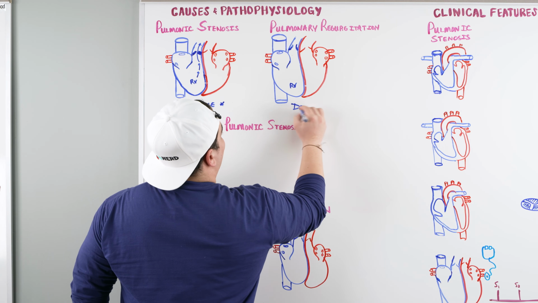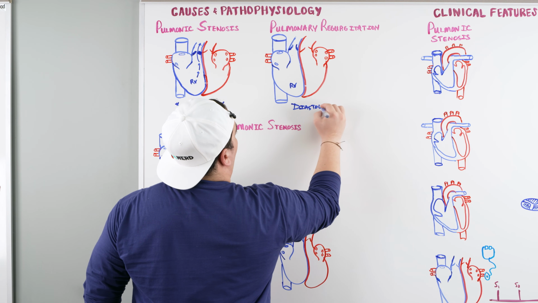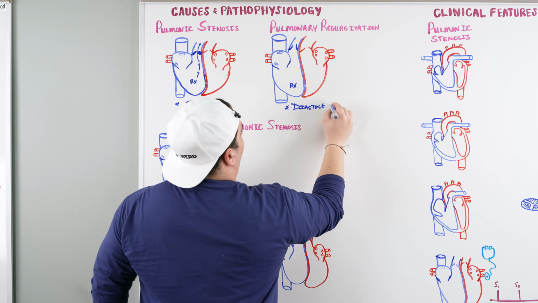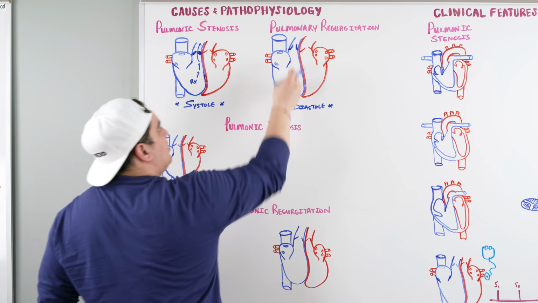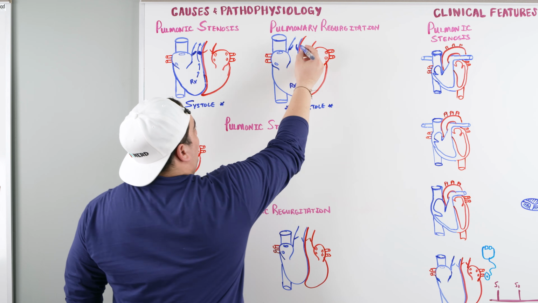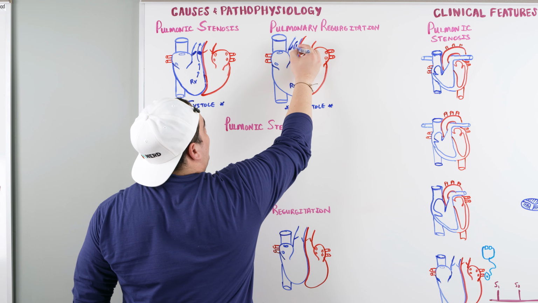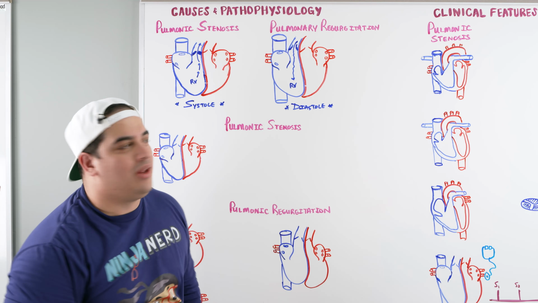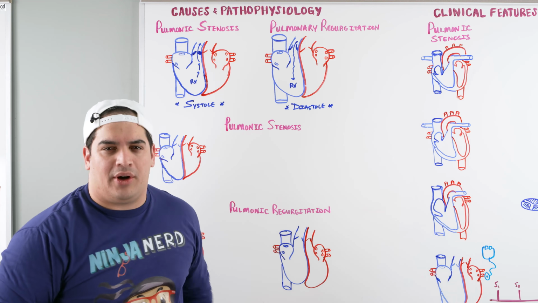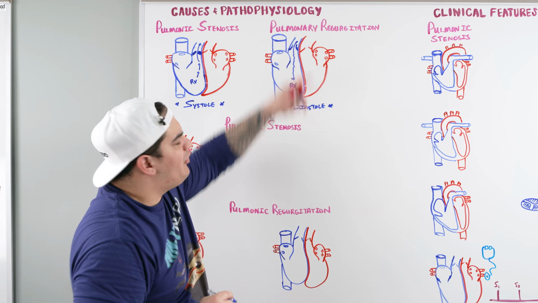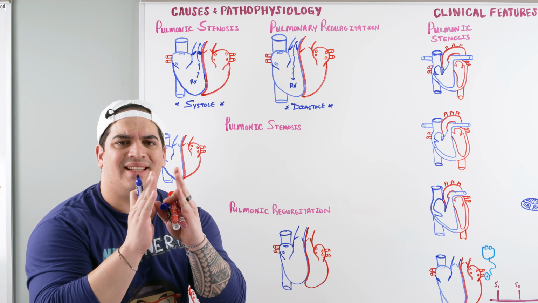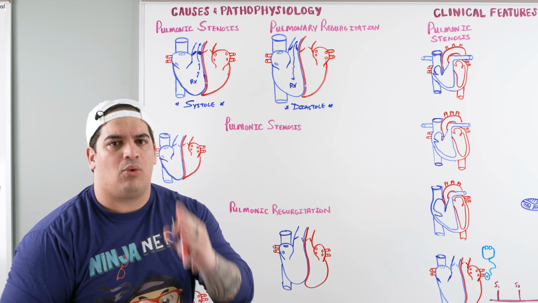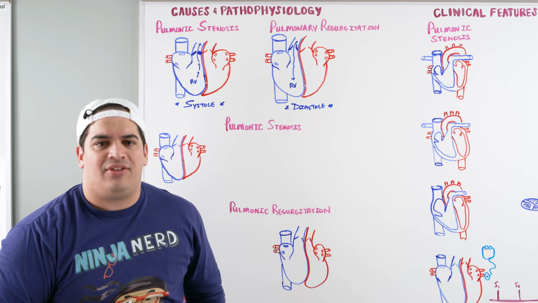During diastole, when the ventricles are in their relaxation phase. Blood is supposed to be filling the ventricles, but it should not be coming back from the pulmonary artery into the right ventricle. It does though in pulmonary regurgitation, because the pulmonic valves do not form a good tight seal and blood can leak backwards from the pulmonary artery into the right ventricle.